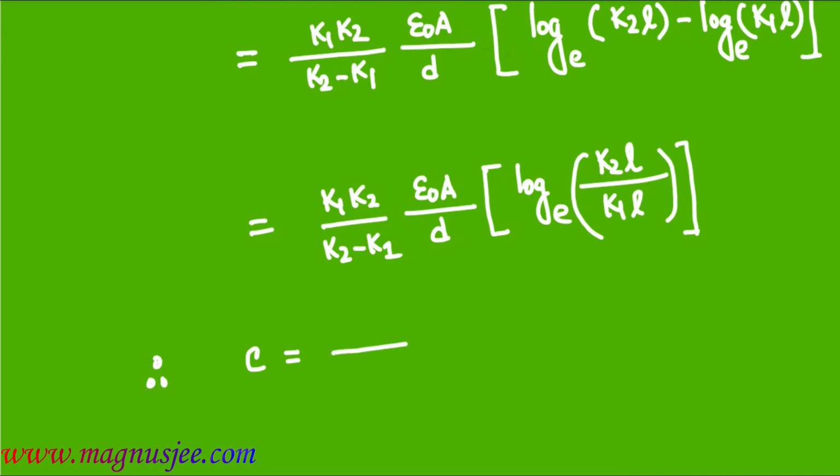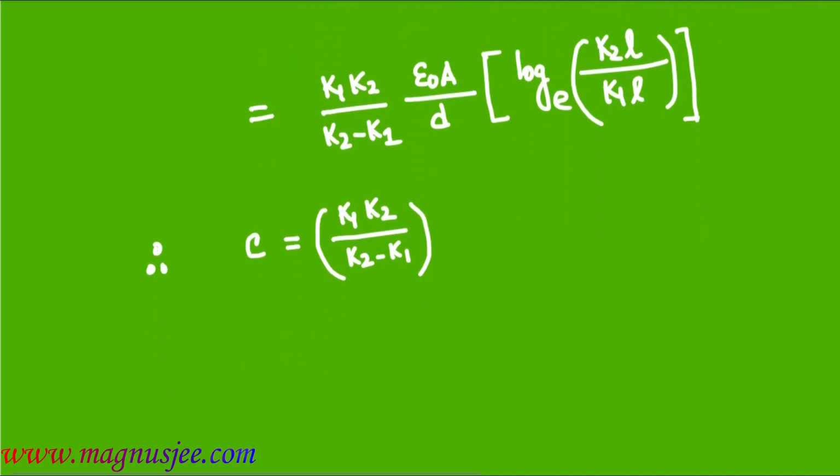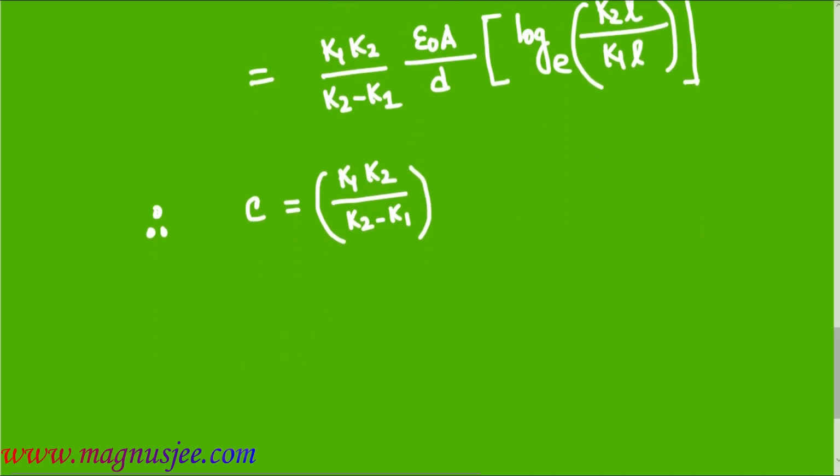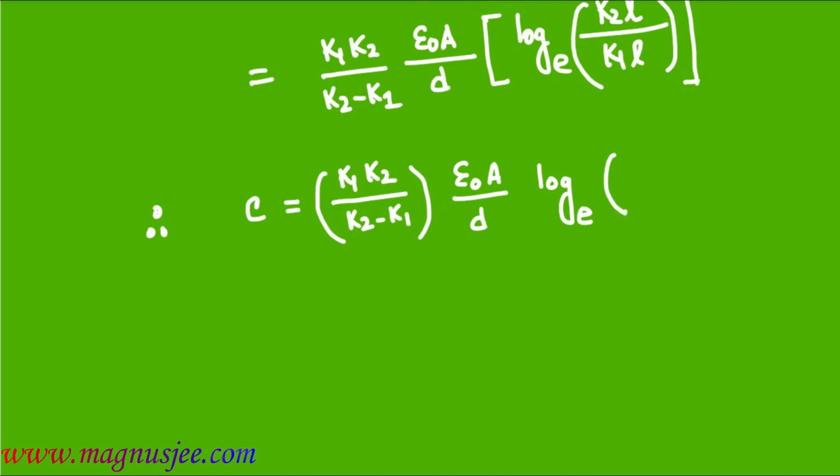Therefore, C equals k1 k2 divided by (k2 minus k1), epsilon 0 A divided by d, log base e of k2 by k1.